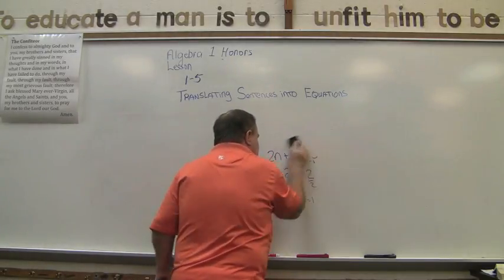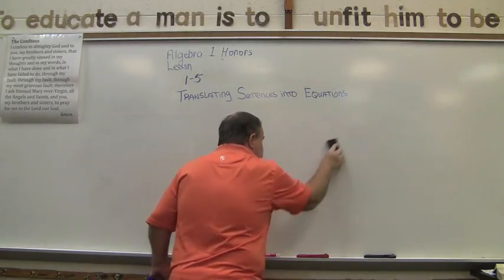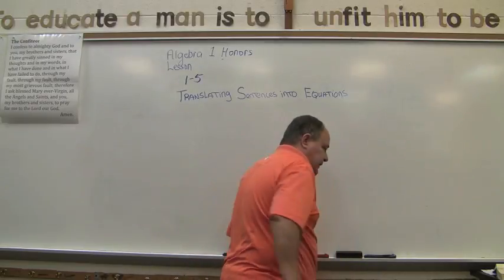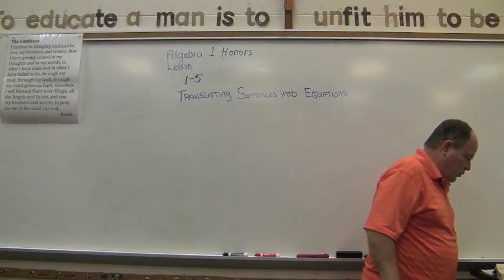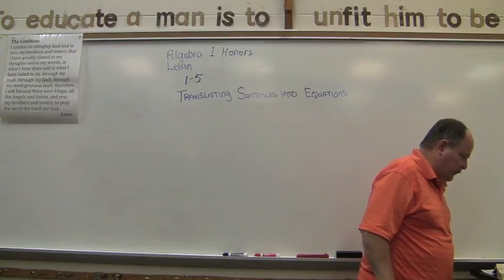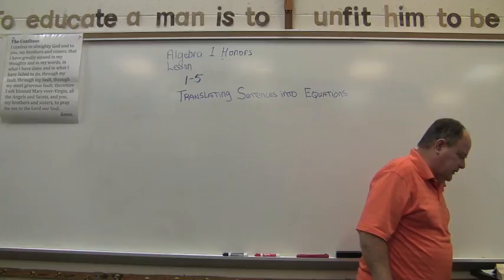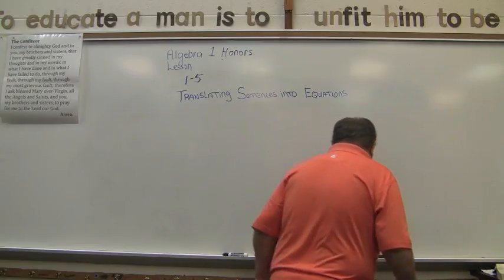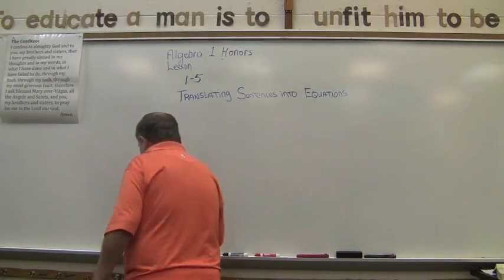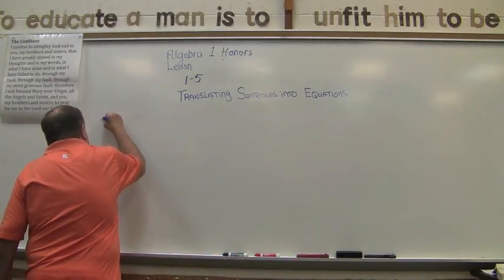All right, let's look at another one from our book. Let's see what this one says. When a number is multiplied by 4 and the result is decreased by 6, the final result is 10. Let me write that down.